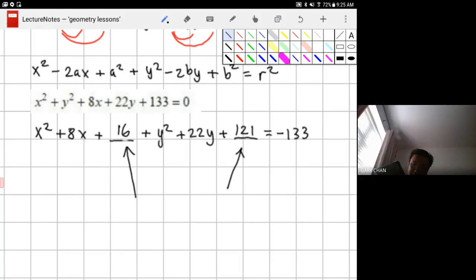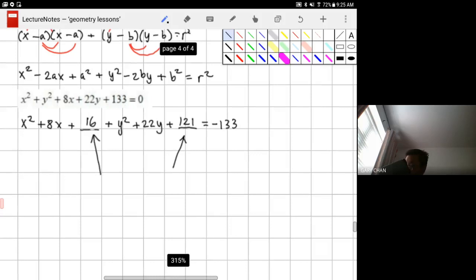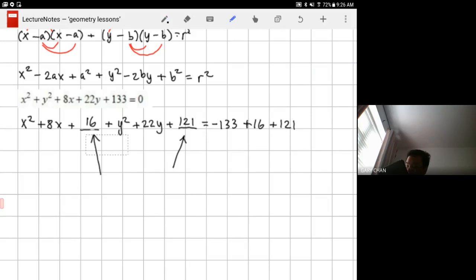That's the whole basis of balancing equations, the whole basis of algebra. What we do on one side, we have to also do to the other. So if we added 16 and 121, we have to do the same thing on the other side. Otherwise, we would have changed the original problem statement, and that is problematic because nothing is consistent in that case.